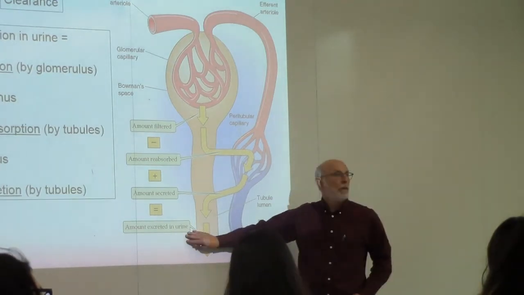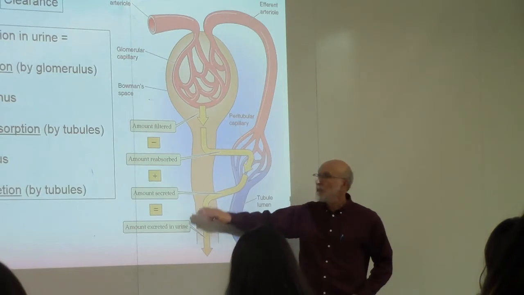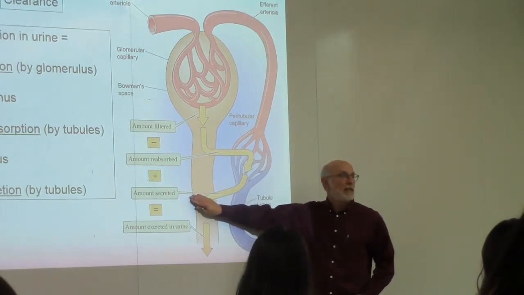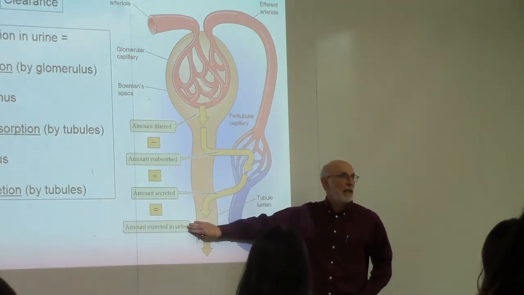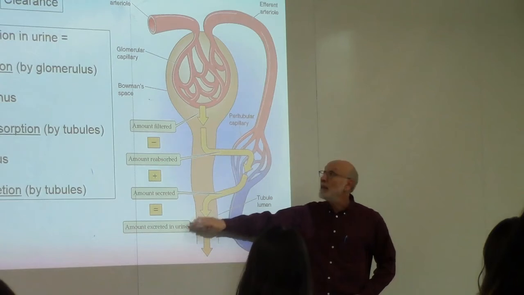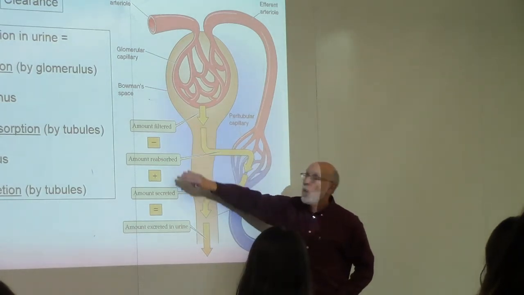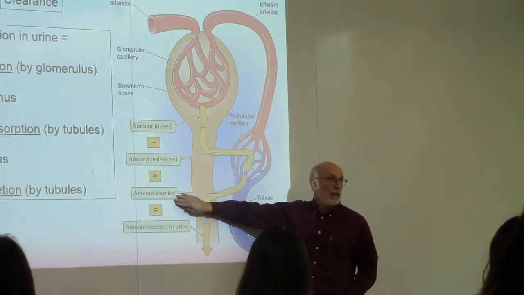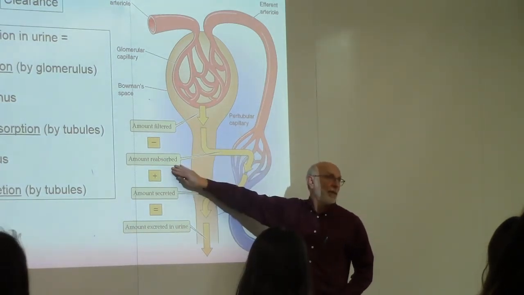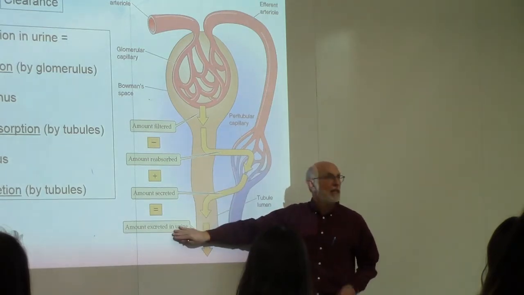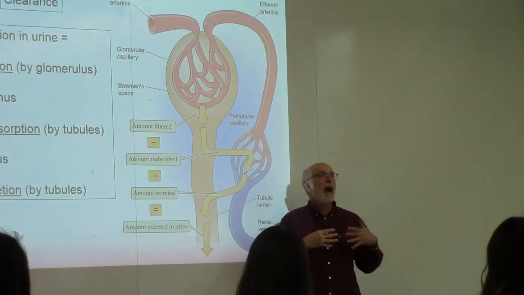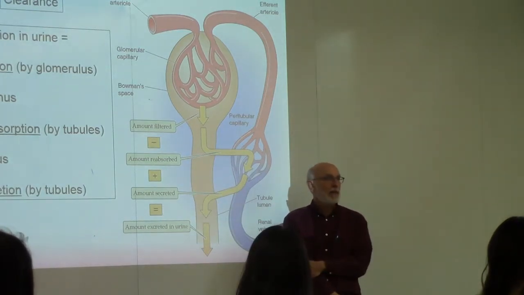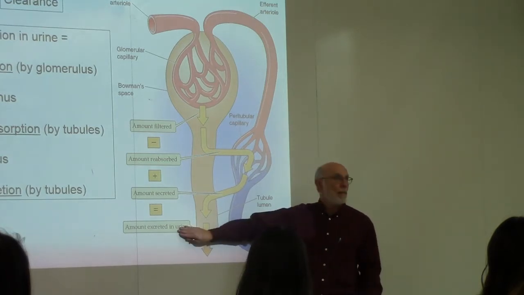Excreted is the final result, and secreted is one component to how something is excreted. Something is excreted if it is filtered or secreted and not fully reabsorbed, for example. So excretion is what's in urine. It's the common usage. We talk about excretion. You know what excretion is. But this is the common word for what ends up in urine.